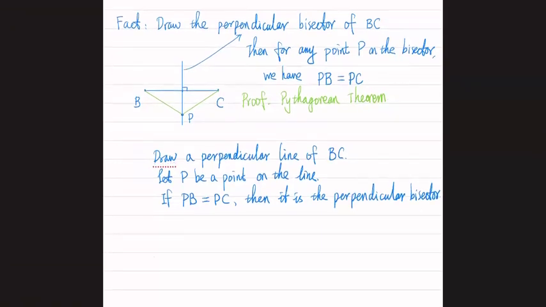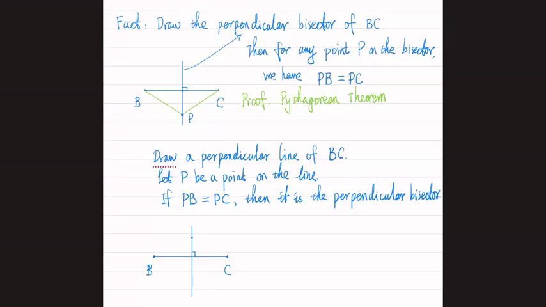Okay, let's draw a picture. B, C. This time I draw an arbitrary perpendicular line. I don't know if it is the bisector. I just draw a perpendicular line.